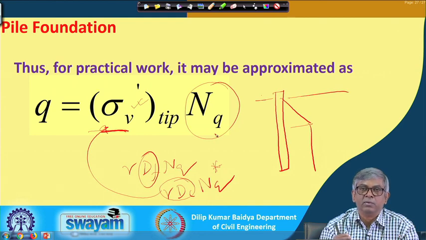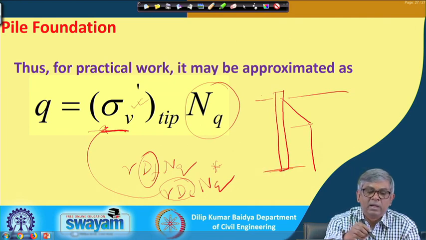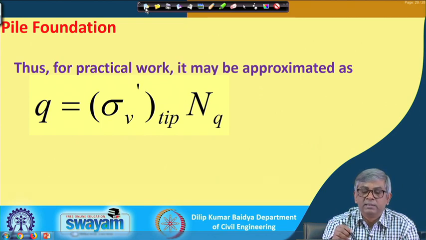Whatever Nq and Nc we have learned for shallow foundation cannot be used here, because of this depth effect the value will be different, it will be more in fact, and I will discuss that in the next part.